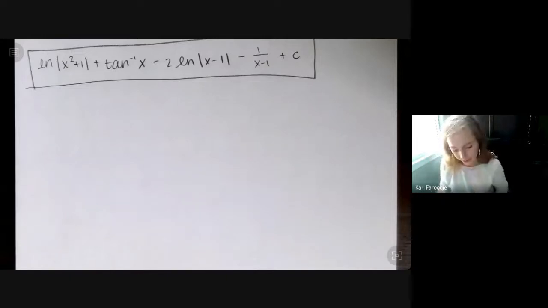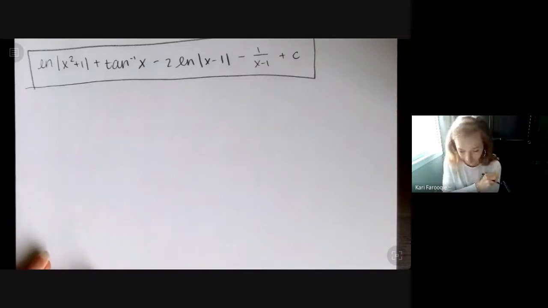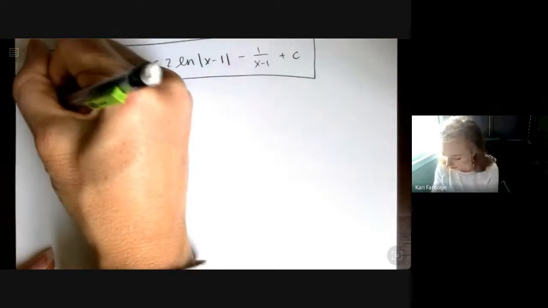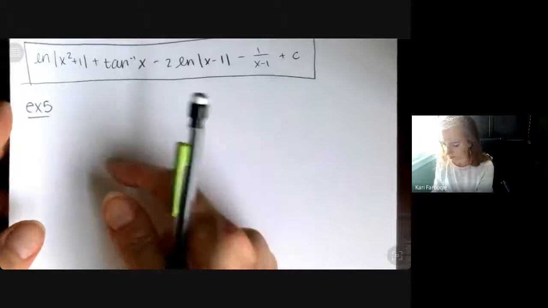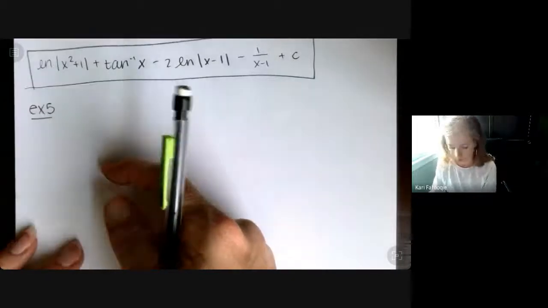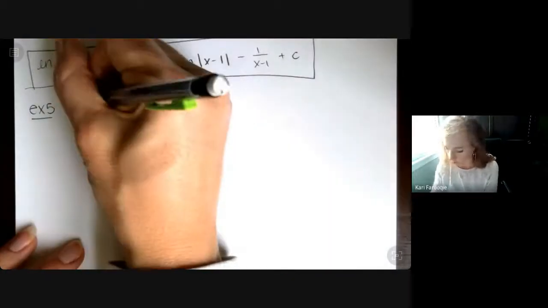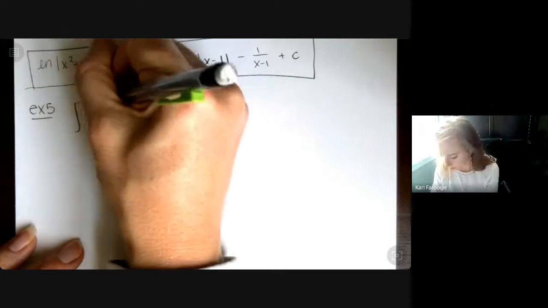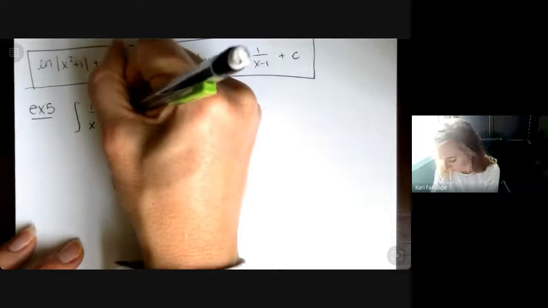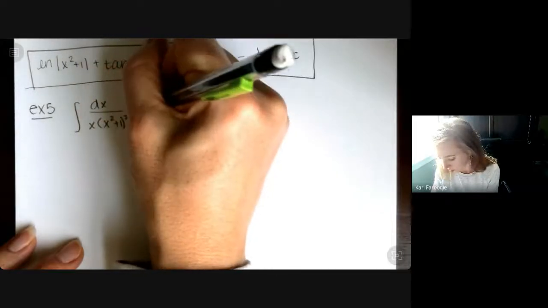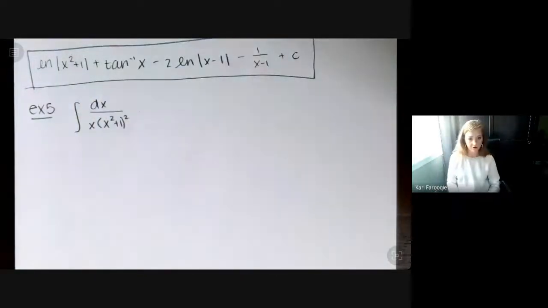Okay. We're going to do one with a repeated quadratic factor. This will be example 5. We're going to do dx divided by x times x squared plus 1 quantity squared. I almost put another dx on that.